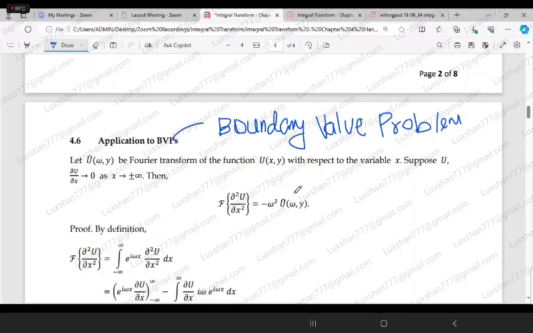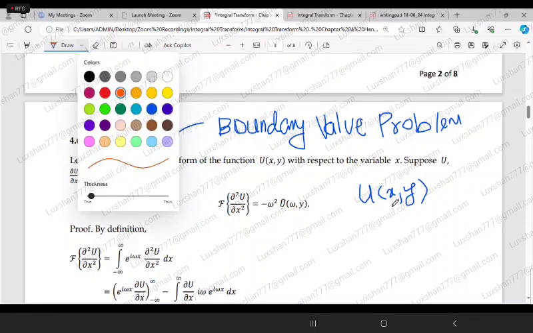Say we have a function u(x, y). Partial differential equation means we have more than one independent variable. So we'll say our function u(x, y) is the unknown function. Now we are going to consider the Fourier transform of this function with respect to the variable x.